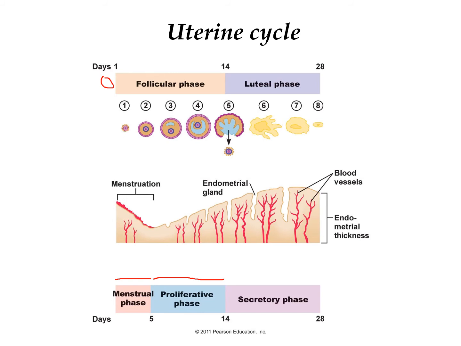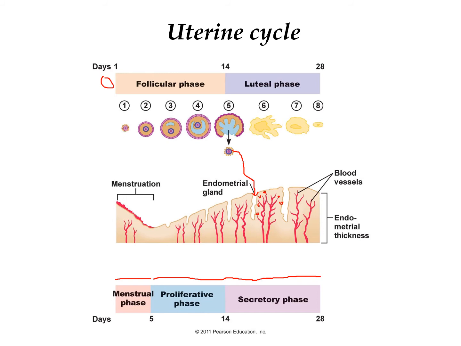And after the proliferative phase, it starts the secretory phase, where you not only have an increase in blood vessels, you also have glands and secretion of mucus and various proteins and sugars, so that it becomes a really nice hotbed for the ovum to implant itself in the uterus.